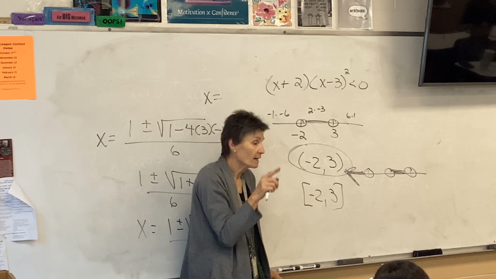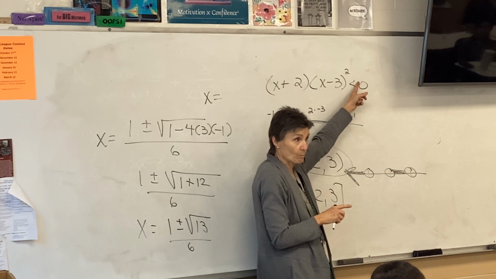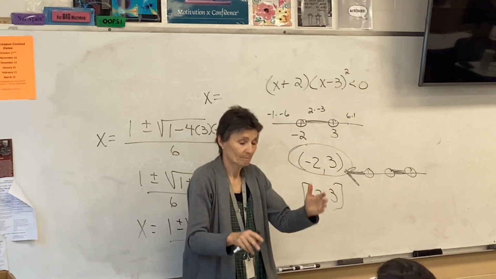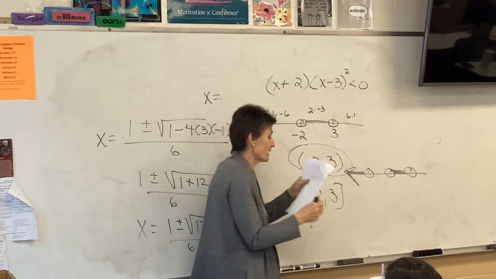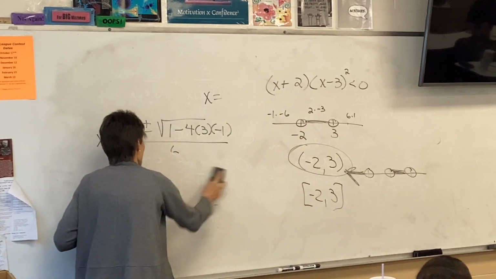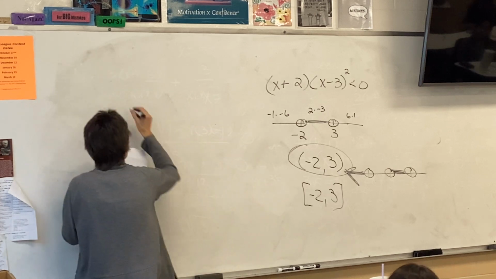The shortcut won't work if you have a power on one of your parentheses. So just keep that in mind. Oh shoot. Look at the next problem. The next problem has a power.